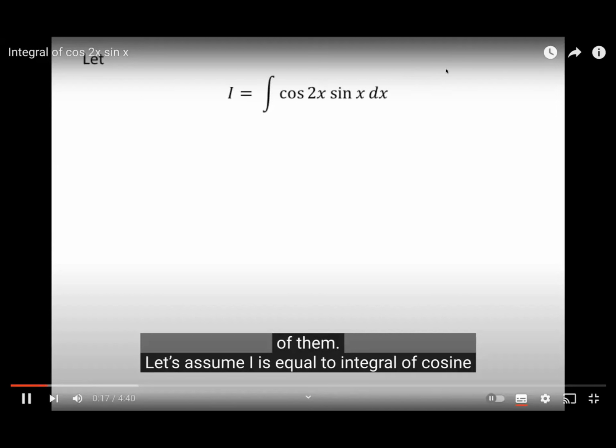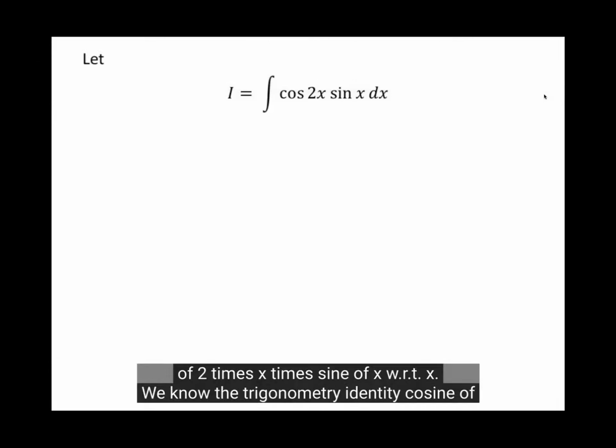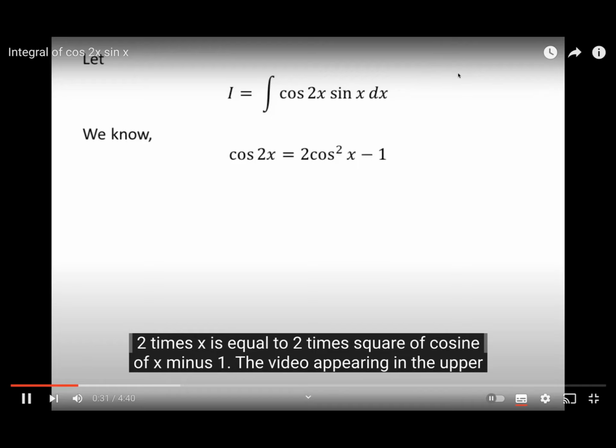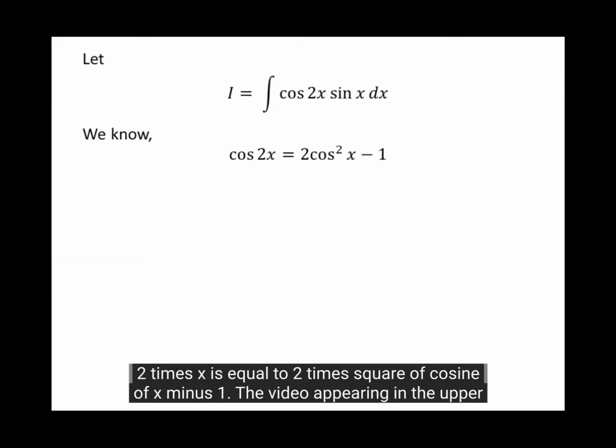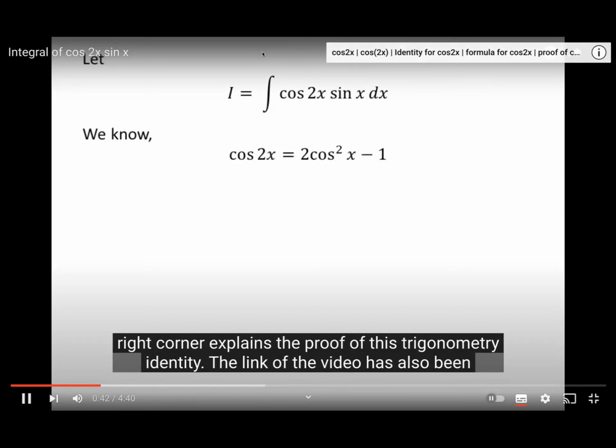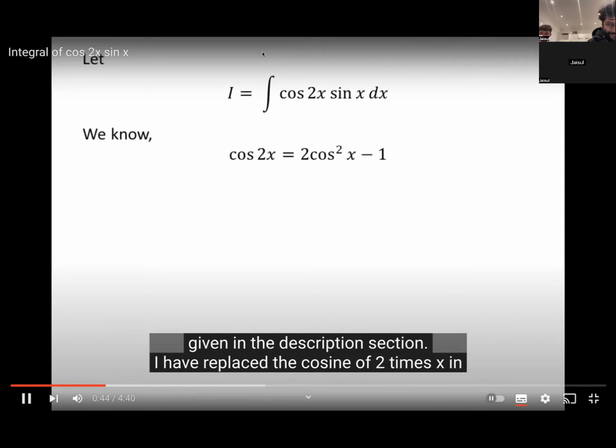Let us assume I is equal to the integral of cosine of 2x times sine of x. The trigonometry identity is cosine of 2x equals 2 times cosine squared of x minus 1. The video appearing in the upper right corner explains the proof of this identity, and the link is in the description.